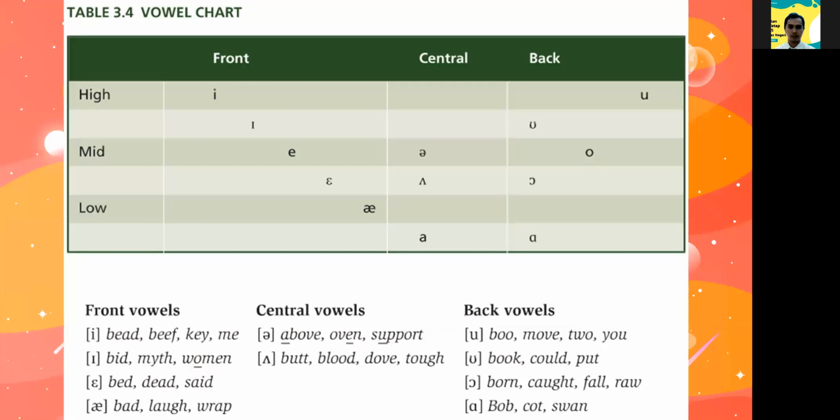When you talk about vowels, we talk about front, central, and back, and high, mid, and low. The difference between vowels and consonants is that vowels are all typically voiced.